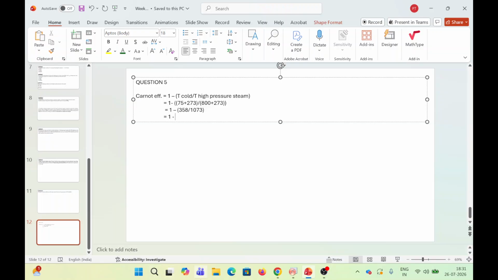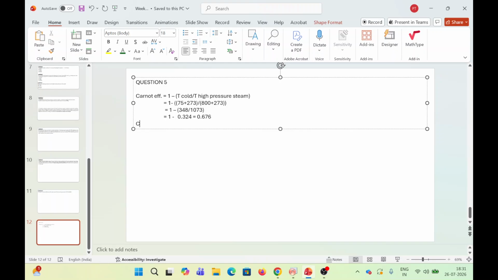So what is 358 by 1073? Let me quickly calculate. 1 minus 0.324. So that is 0.676.